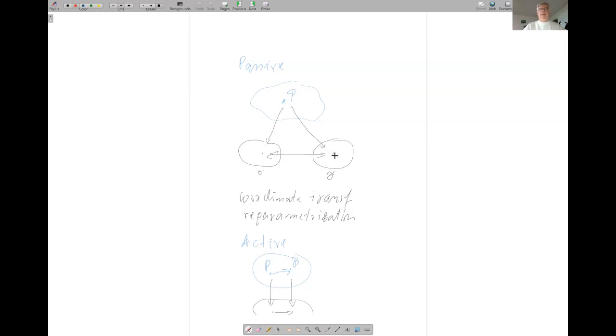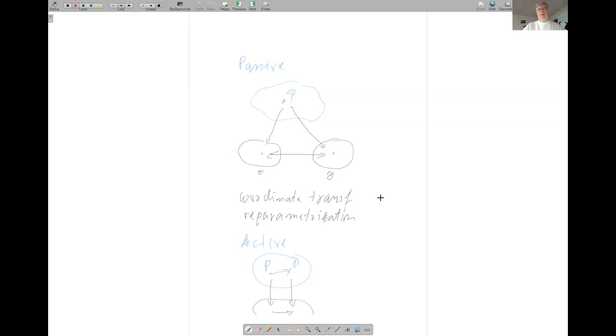These coordinate transformations are related by a one-to-one map, which we also assume to be infinitely many times differentiable. And this is the passive interpretation of a transformation. It's the same point, but viewed in two different coordinate systems. And we ask how tensor components are related between the two coordinate systems.